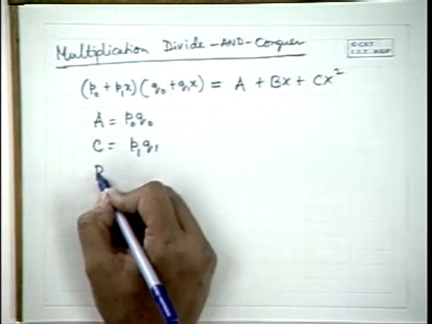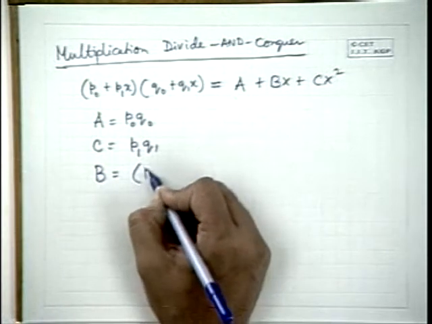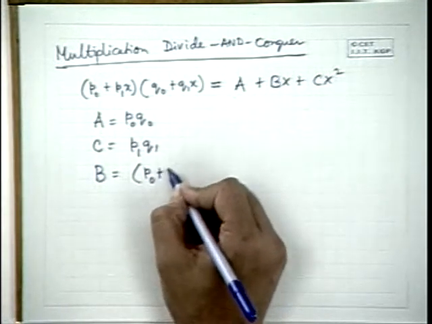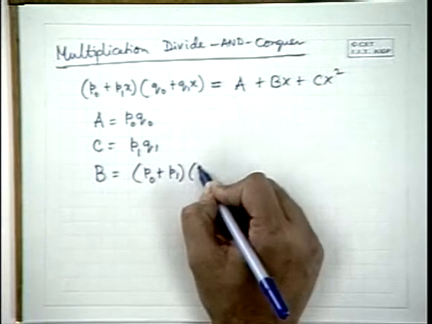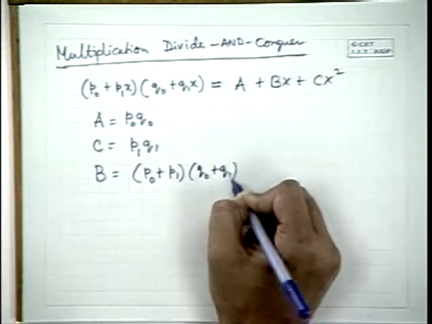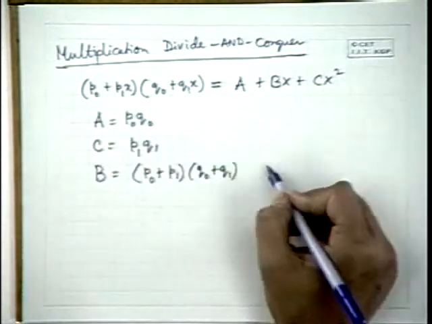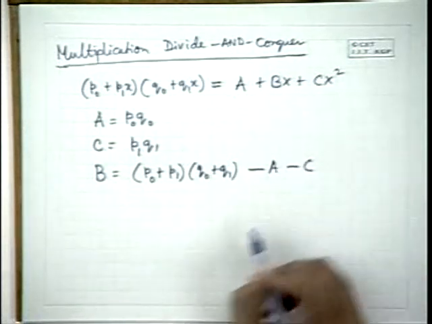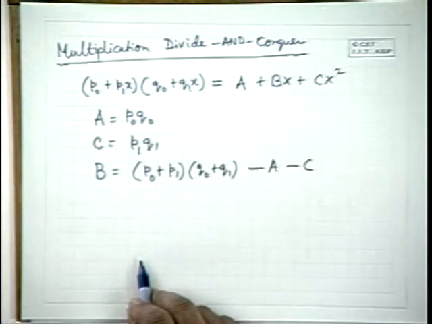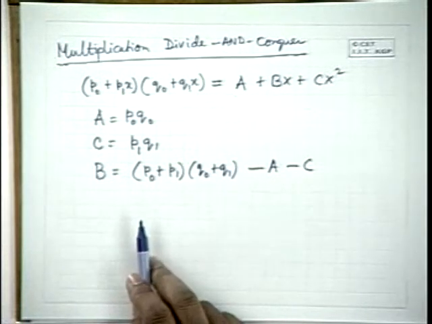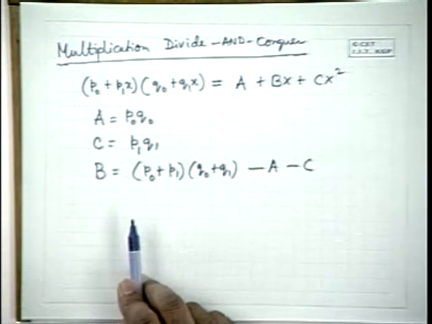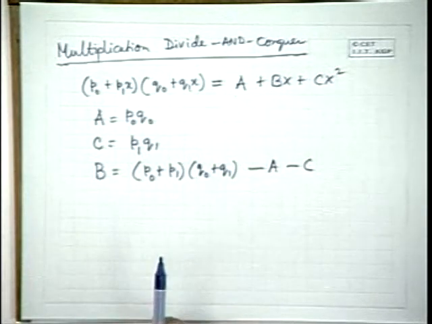Now how to get b? You observe this: you can take p0 plus p1 multiplied with q0 plus q1, and then you subtract a and subtract c, and you will get the coefficient b. So instead of 4 multiplications, you have reduced by 1 multiplication. Now it has become 3 multiplications.